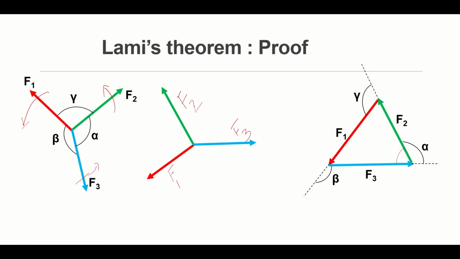Then what will this angle be? This particular angle is 180 minus alpha. This one is 180 minus gamma. And again, this one is 180 minus beta.